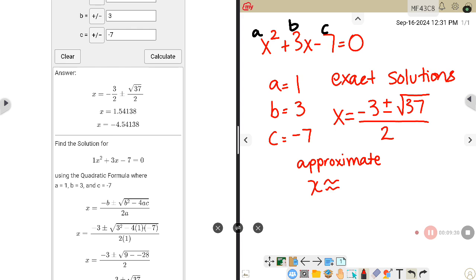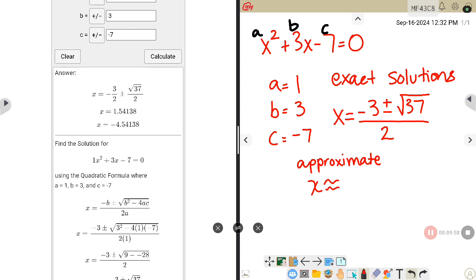So if I round this to the 4th decimal place, I have 1.5413. 3 is the 4th decimal place. So I need to look at the number after the 3. If it is 5 or greater, I'm going to round that 3 up to a 4, which in this case it is, because it's 8 after that.